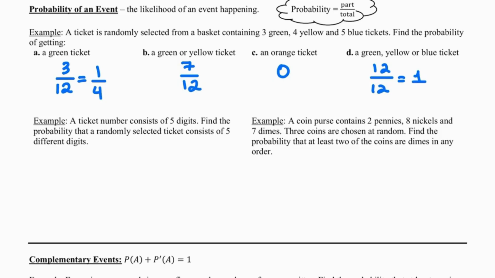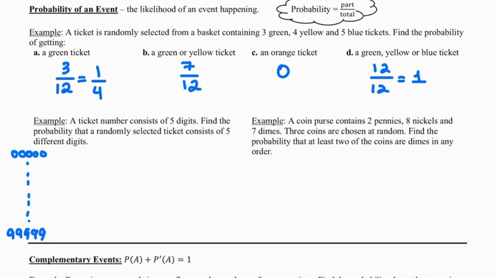So what about if you have tickets that consist of 5 digits? That means the smallest ticket possible is 0, 0, 0, 0, 0. The last ticket that you can have is 9, 9, 9, 9, 9. And then you have all the tickets in between. So what is the probability that at random, a ticket consists of 5 different digits?